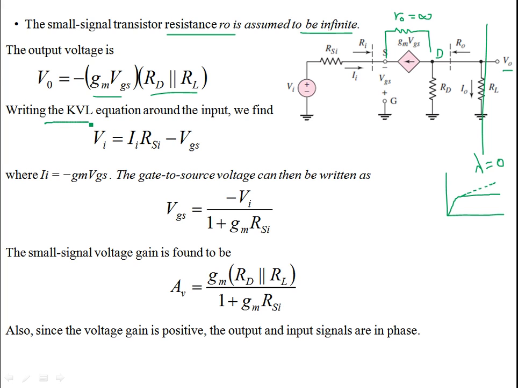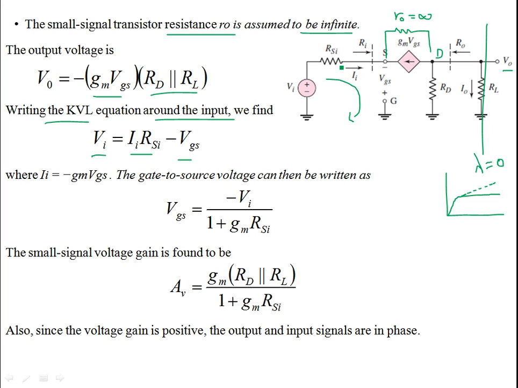Then writing the KVL equation around the input, this is the input loop. If you write the KVL over here, there's a certain voltage drop at the source resistance. So this is I RSI minus VGS, and this is equal to VI. Basically, the input voltage applied by the source is bifurcated into two drops.